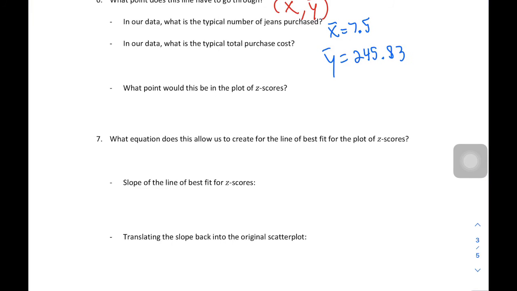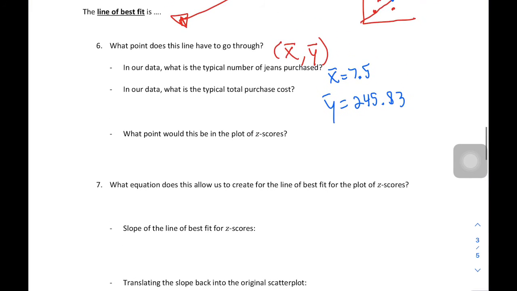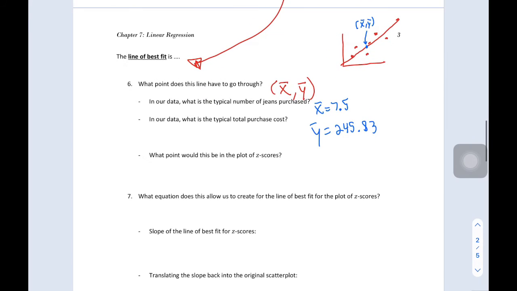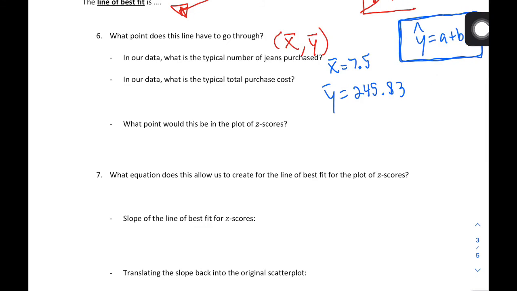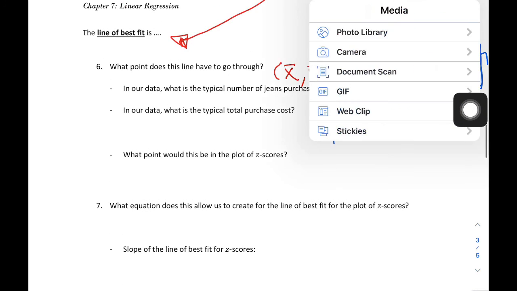All right. So what we know about this is that our equation y hat equals a plus bx can be manipulated a little bit. And I say a little bit because we can plug in a point.